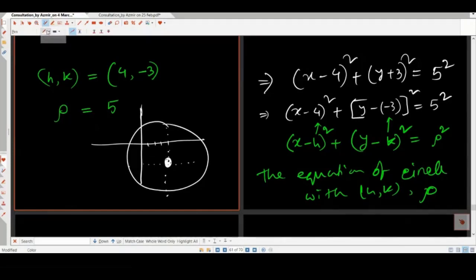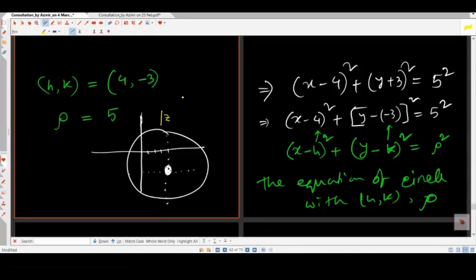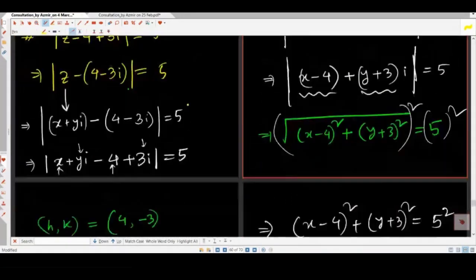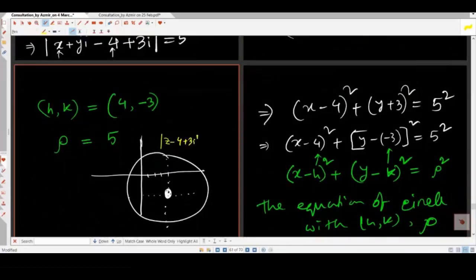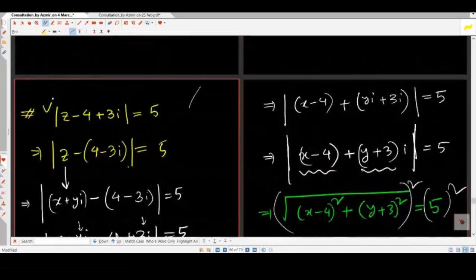That means this is actually denoted by the modulus of z − 4 + 3i equal to 5. Whenever we have this form, we can't immediately understand what the graph will be.